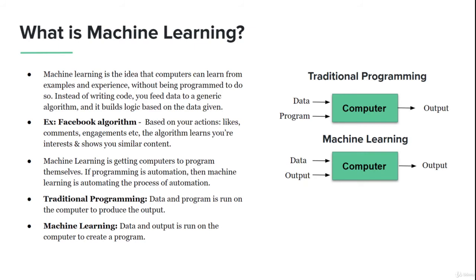Machine learning is extremely powerful because, just like with the example of the Facebook algorithm, it's learning. It's essentially able to understand what you're ultimately looking to accomplish, or the data that you're looking to capture, because you've programmed it in such a way to be able to pick up on certain criteria, right?